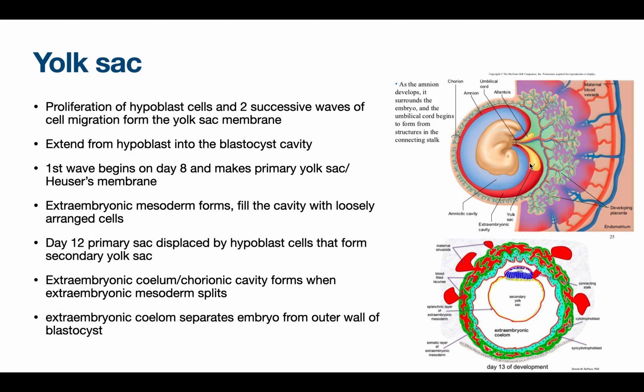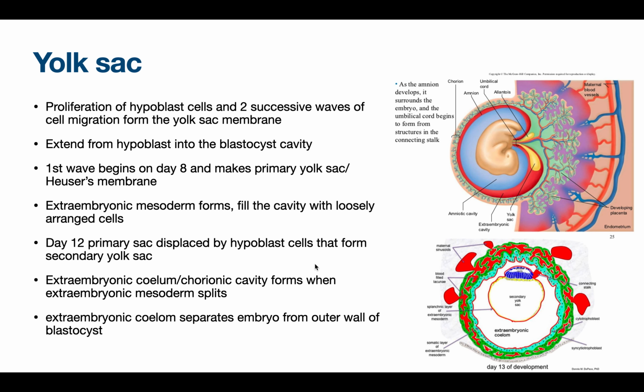And then the extraembryonic mesoderm forms and fills the cavity with some loosely arranged cells. By day 12, the primary sac will be displaced by hypoblast cells that form the secondary yolk sac, and the allantois will, of course, poke into it or penetrate it. There we go.